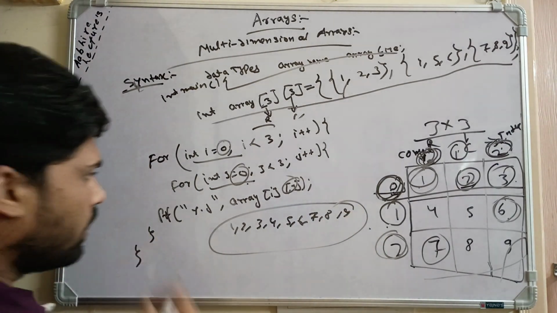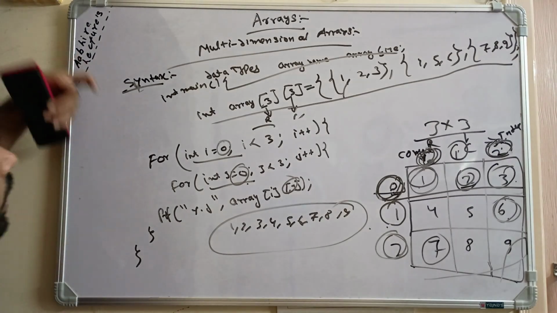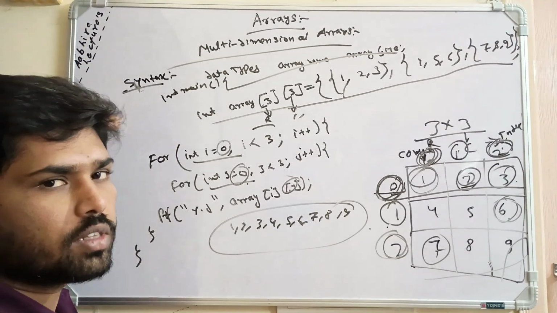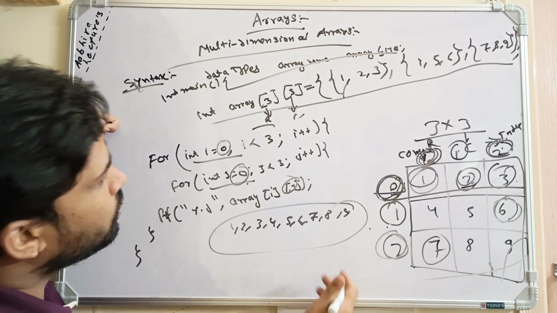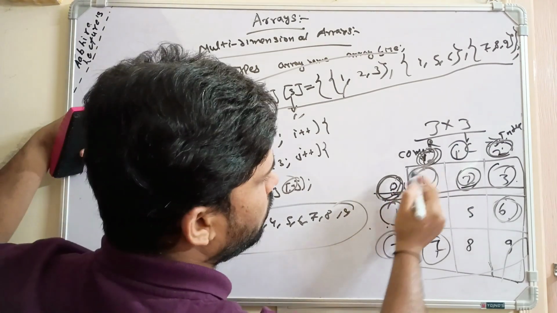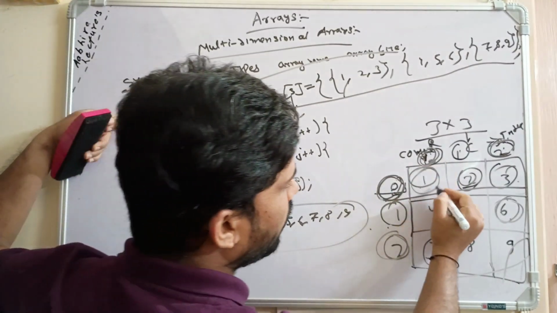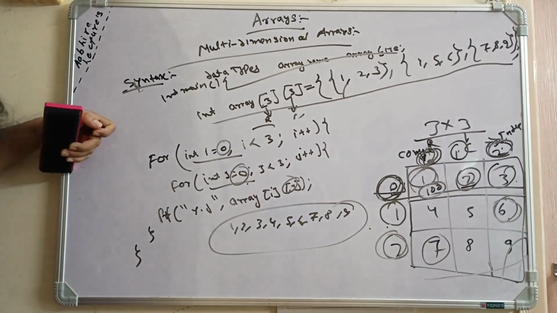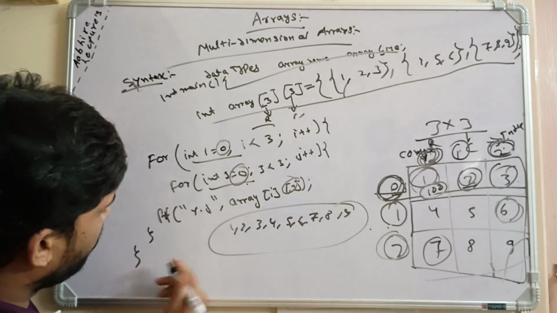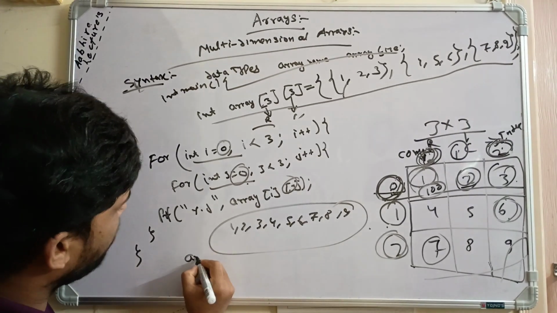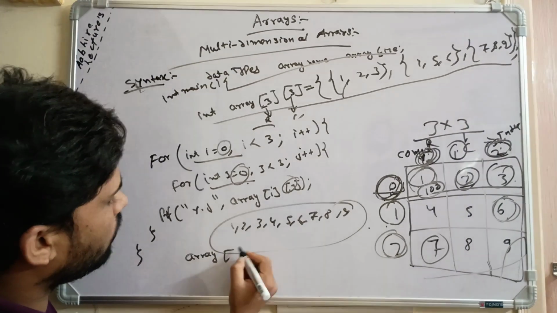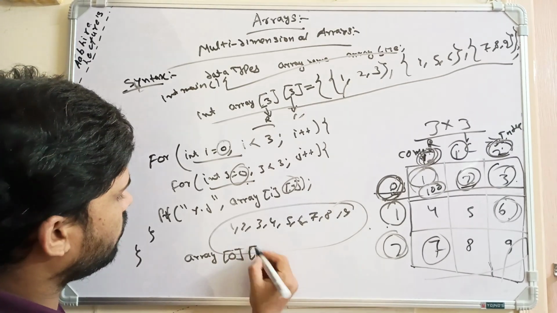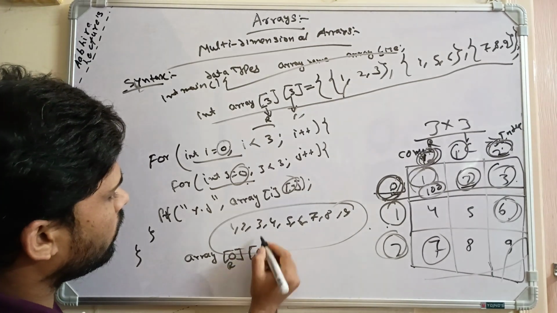Now, as I discussed in the last video, if you want to modify or change any value, suppose index of 0 0, I have given 1. If I want to give another number, 100, you can also do it, no issue. So now you can do here array index of 0 and index of 0. This is the row, this is the column, remember.